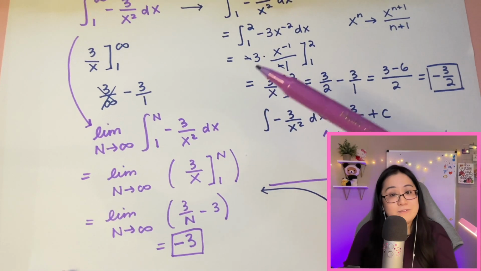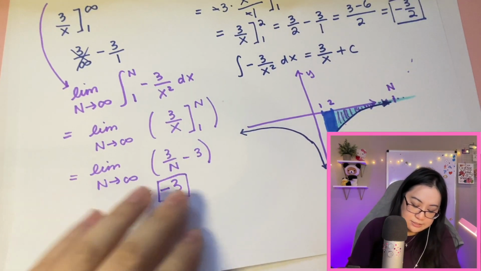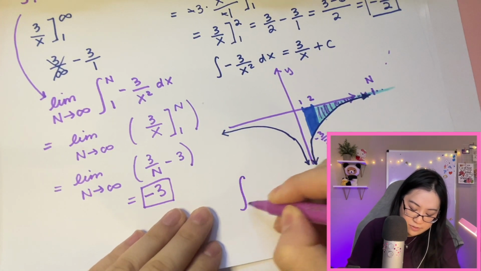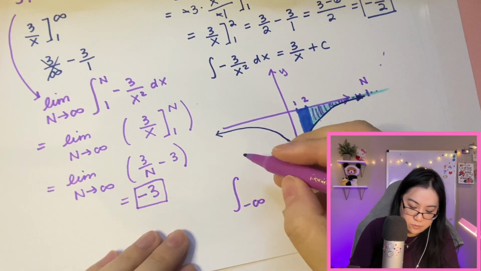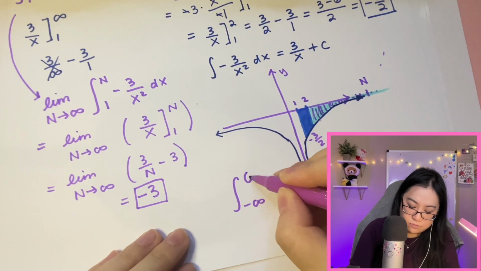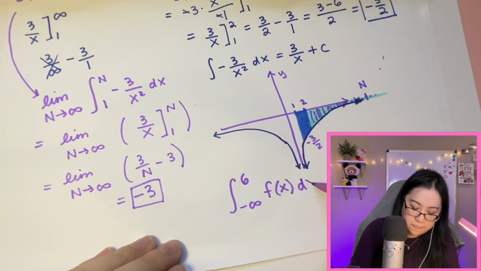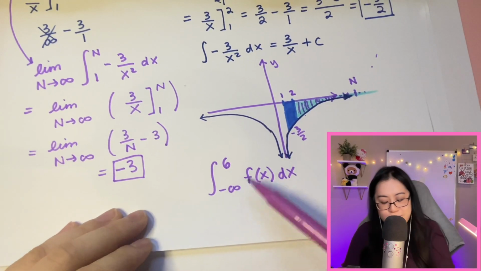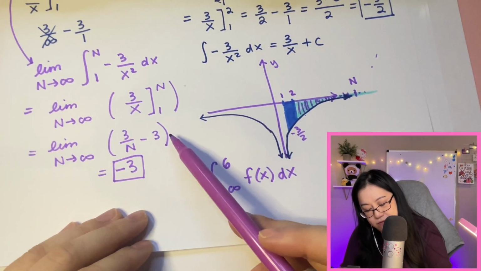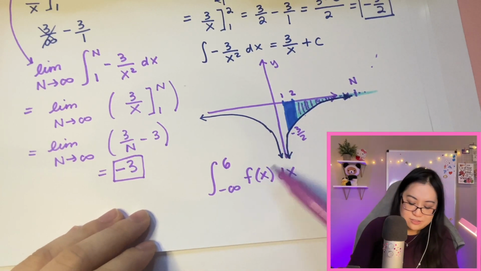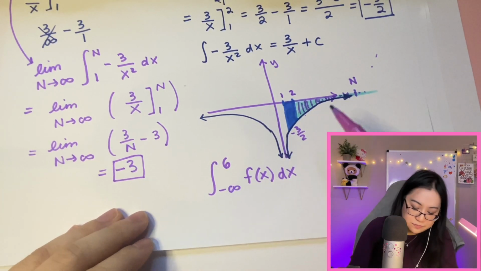If you have negative infinity, for instance, let's say you have negative infinity to, I don't know, just some number 6 of some function, then you're talking about this sum from negative infinity up to whatever, not this case, but in general.